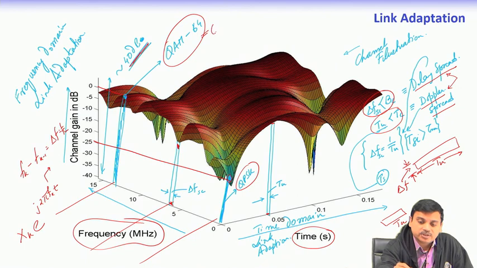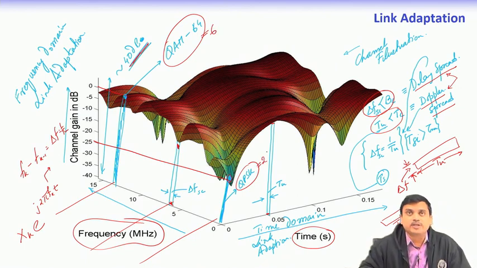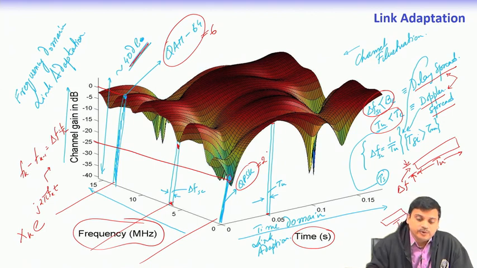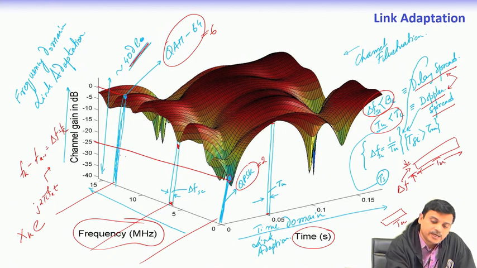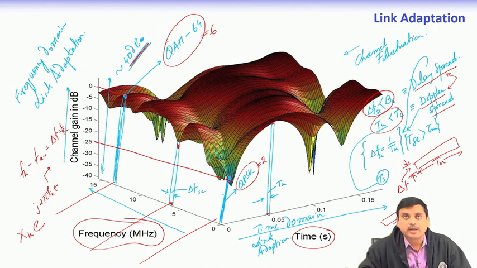Effectively, this can support 6 bits. As an example, this is going to support only 2 bits. So, overall, instead of doing a single modulation across the entire set of frequencies, one can vary the different data rates, and thereby an overall increase in throughput or spectral efficiency can be achieved.